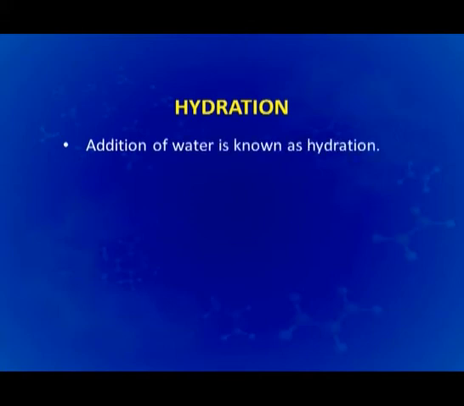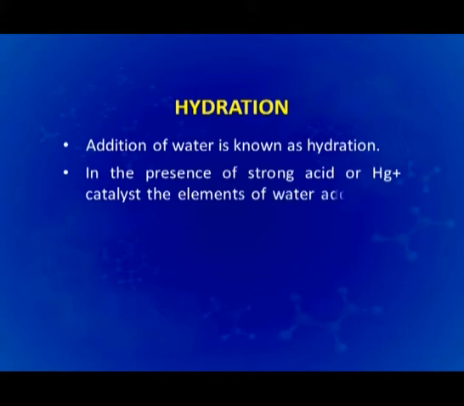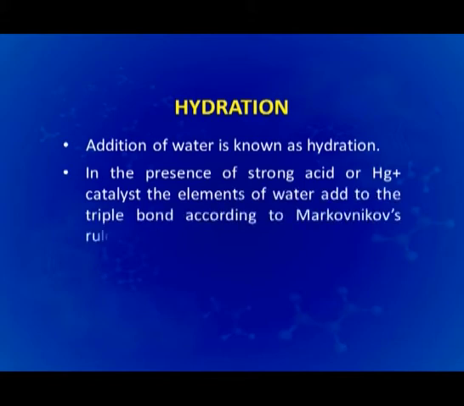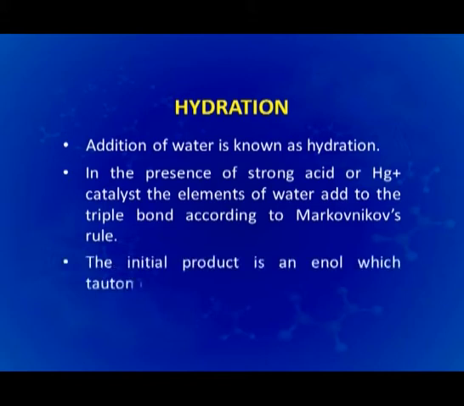So, the general step involved in this hydration, addition of water, is known as hydration. In the presence of strong acid or mercuric catalyst, the elements of water add to the triple bond according to Markovnikov's rule. The initial product is an enol which tautomerizes to ketone.